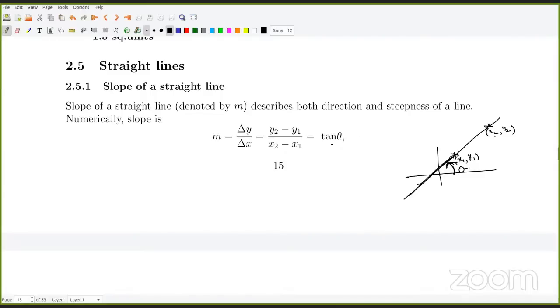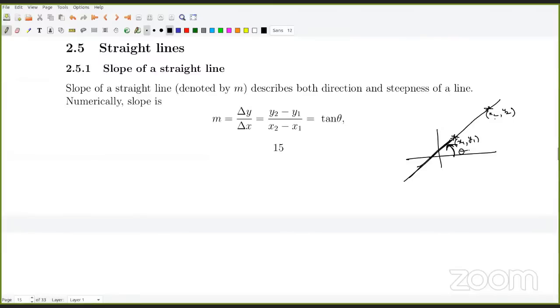Sir, mock test question number 6 is based on this slope of straight lines. Yes, mock test question number 6. Just a second. We need to find the slope.